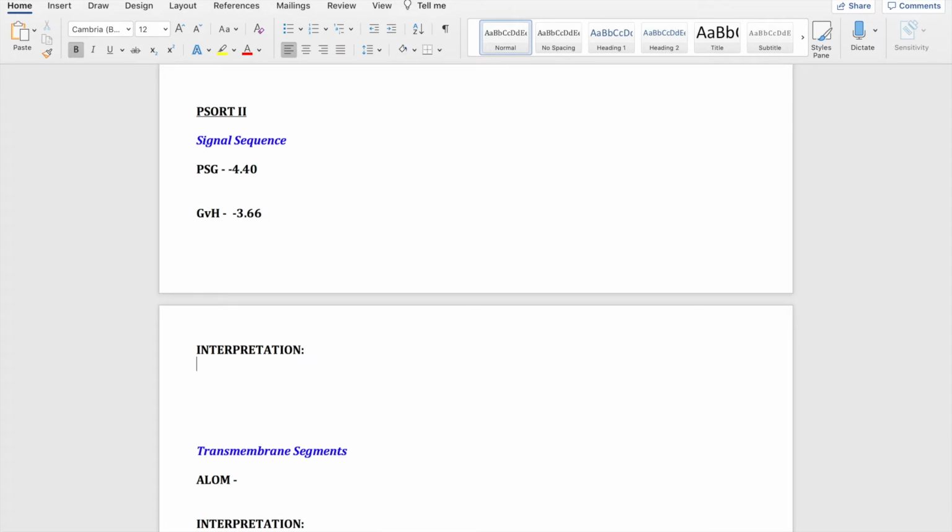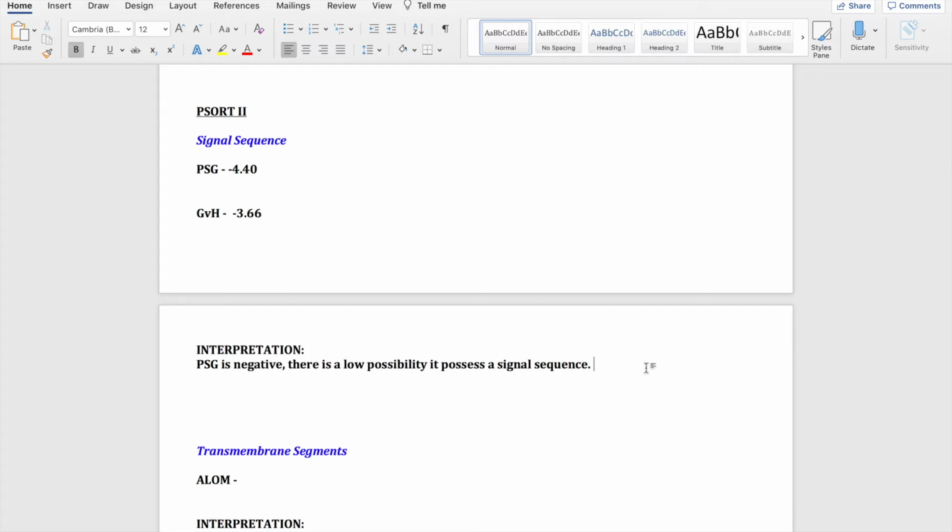So the PSG, a large positive score means there's a high possibility it possesses a signal sequence, but it's unrelated to the possibility of its cleavage. In the manual for this, it doesn't really say what is a large positive score or what the numbers mean. So I'm just going to say, since the PSG is negative, there is a low possibility it possesses a signal sequence. And then our GVH is the original weight matrix score for eukaryotes subtracted by 3.5.